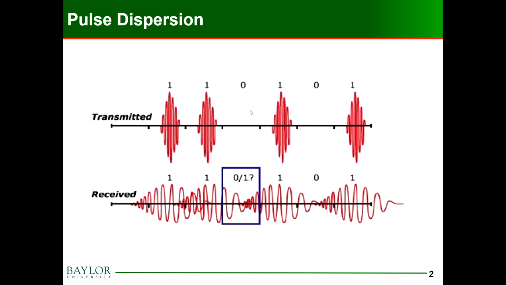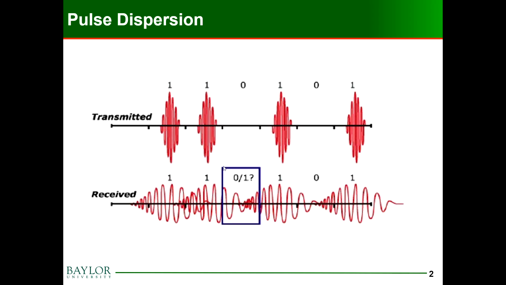At this specific point, you need to have a decision circuit. Once you receive the signal, you need to decide whether this is a 0 or a 1. Here it's very obvious, it's 1, 1, 0, and here it's more or less 0 and 1.